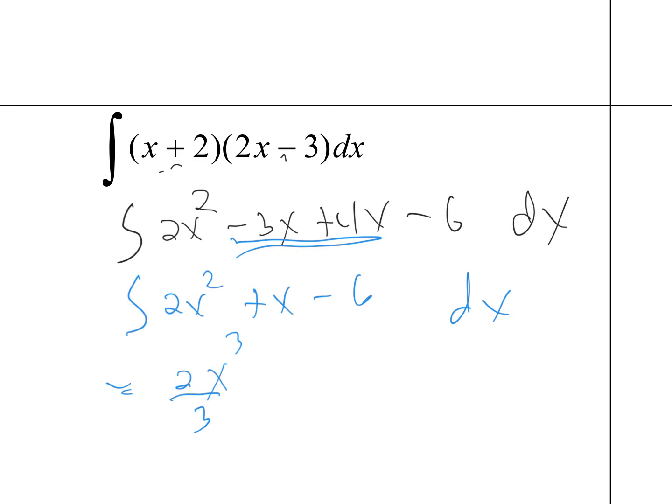So if it starts off as x cubed, then it's x to the 4 over 4. Once you add 1 to the power, that's what you divide by. That works for polynomials, algebraic terms.